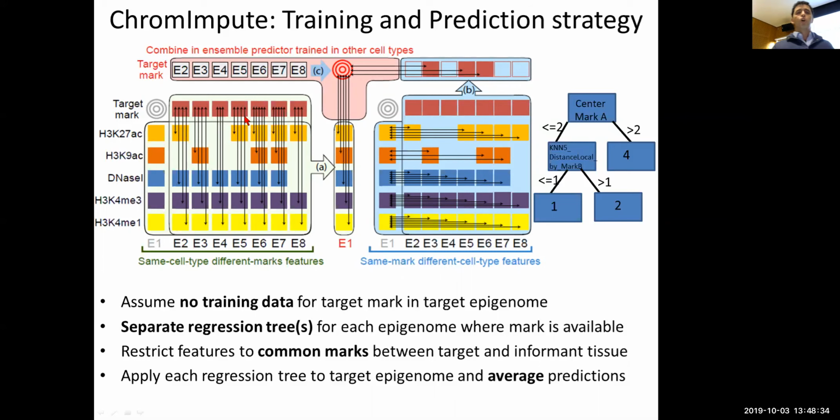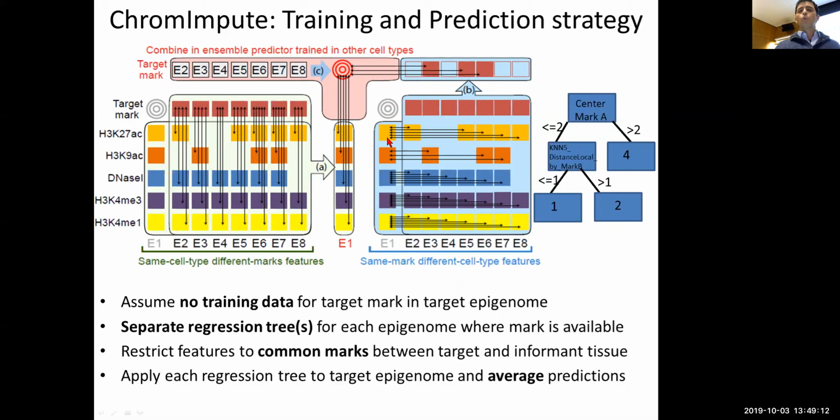Raise your hands. Awesome. So I'm basically going to learn a set of predictors: whenever that mark is observed in some other cell type, I will learn a function that allows me to predict that mark from that other cell type. And I can have lots of missing data, because in each cell type I'm learning a different function that uses only the data that's available in that cell type. And similarly, I don't have that mark in that cell type, but I have that other mark in that cell type, and that other mark in that cell type.